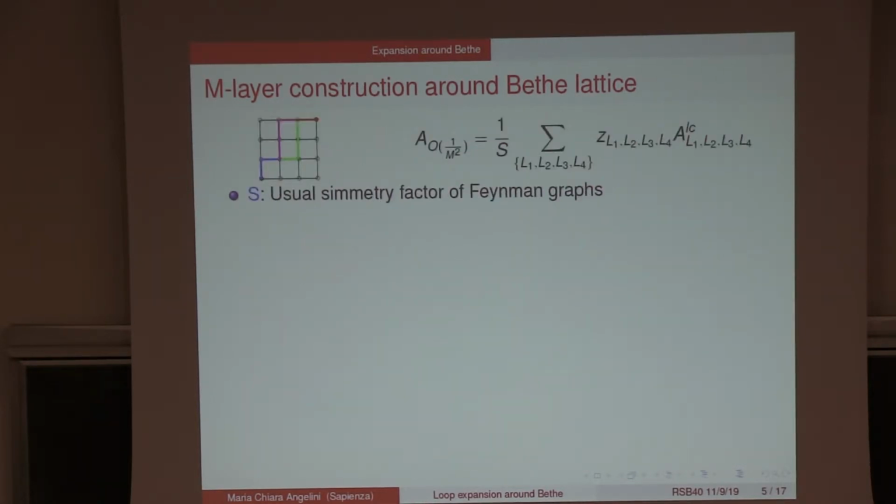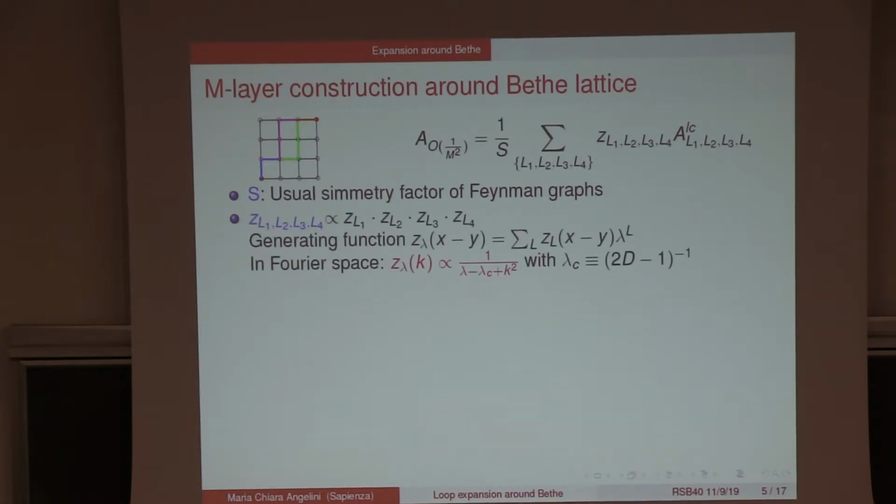Let's look at what these numbers are. S is the usual symmetry factor of Feynman diagrams. It takes into account the symmetry, the exchange of the lines and the vertices that you can do. So it's known. Open a book of field theory and you will find this factor S.